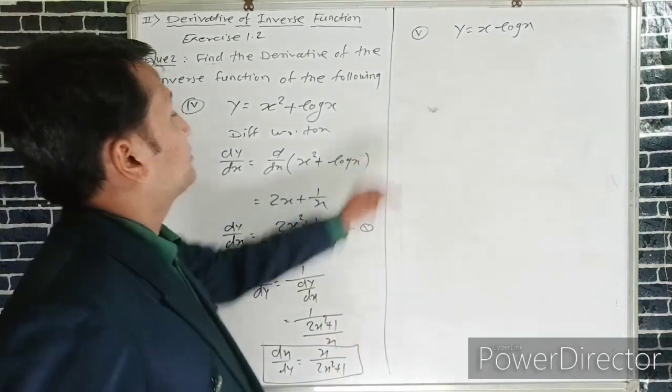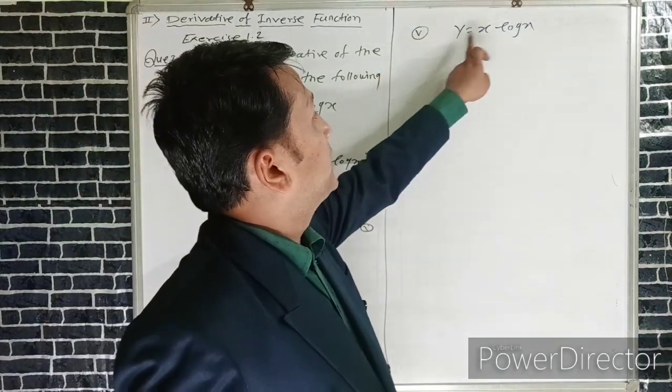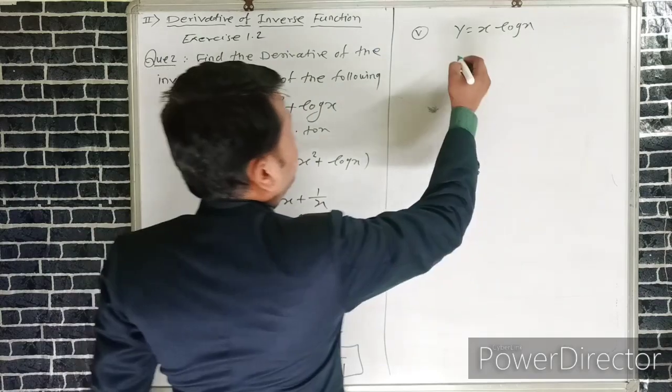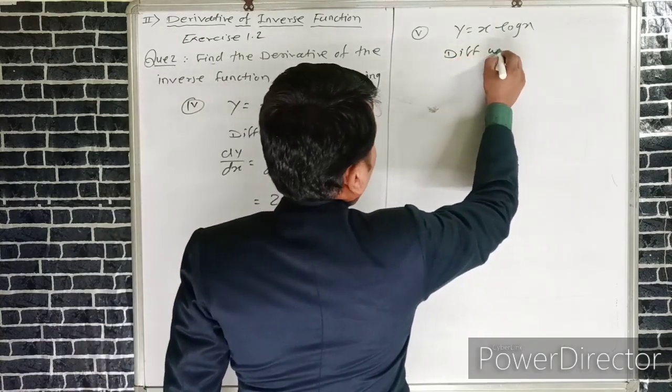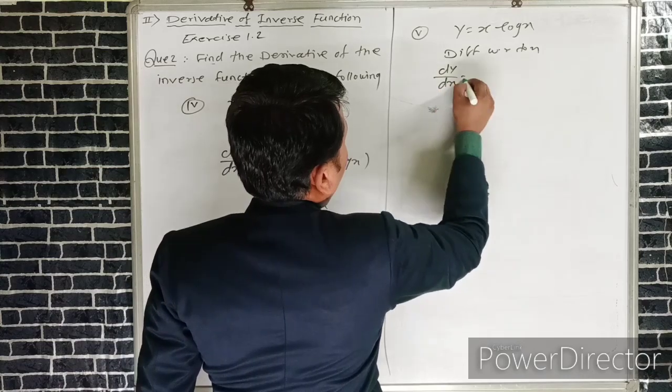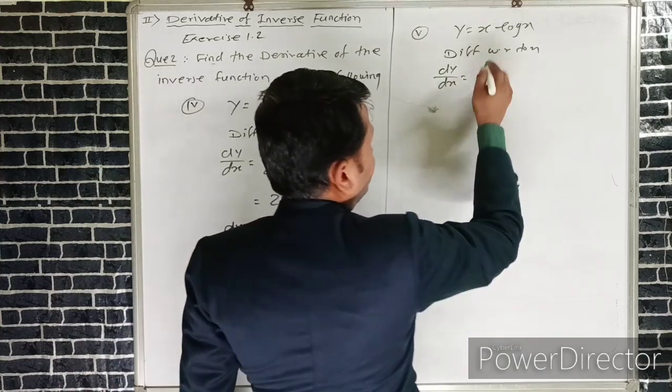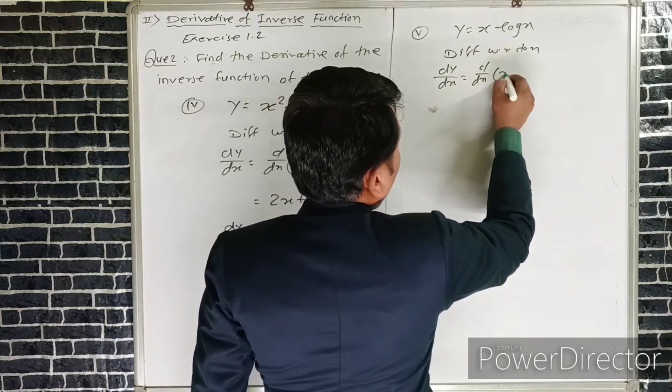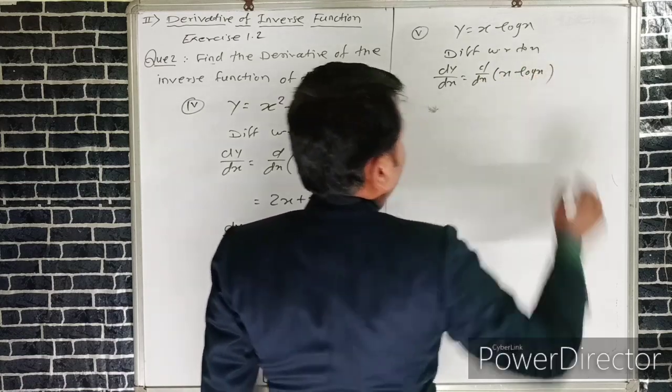Similarly, the next example number 5 is also y is equals to x log x. If we differentiate with respect to x, then we get derivative of y with respect to x, dy by dx. Here we use x into log x, means u into v.